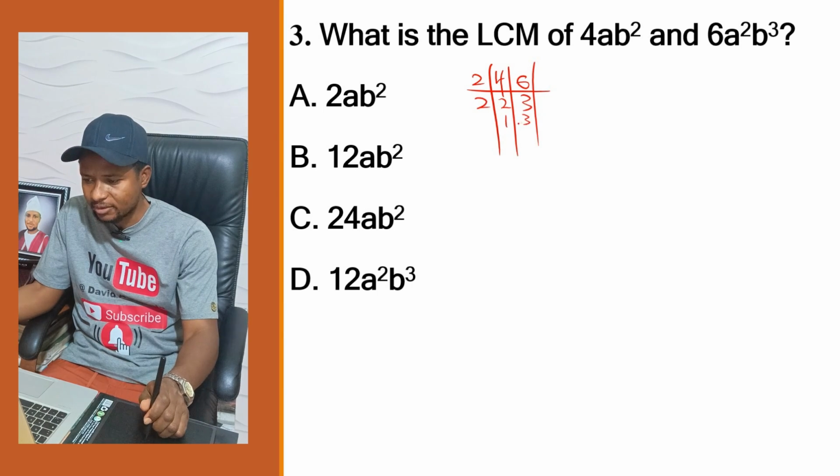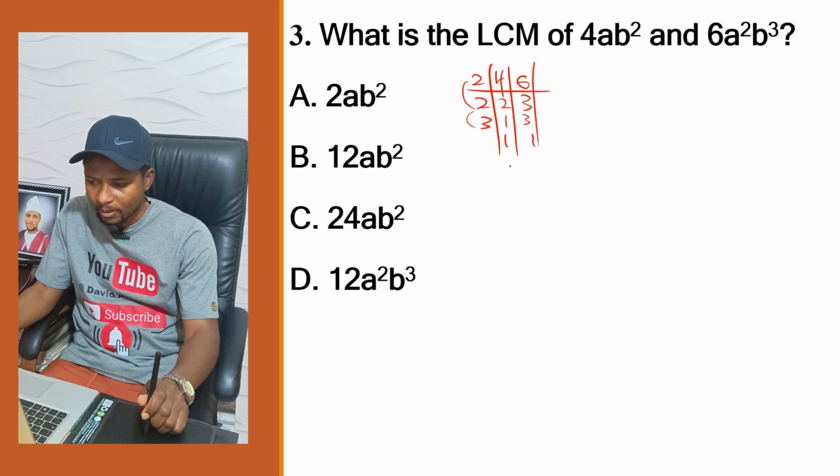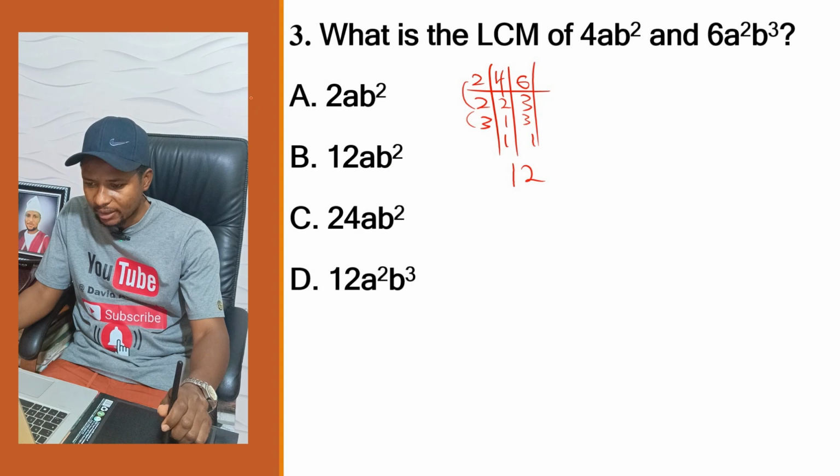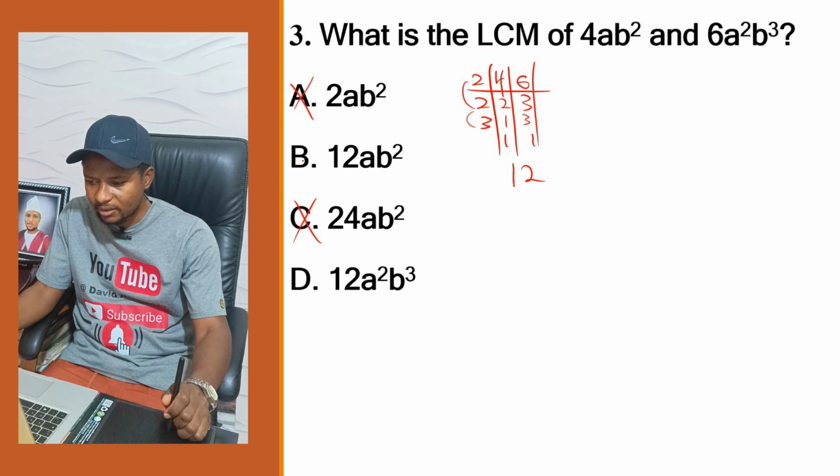So you repeat the 3. Then 3 again, 1. LCM times 2, 3, that's 12. So already I can cancel A, I can cancel C. So my answer is between B and D.